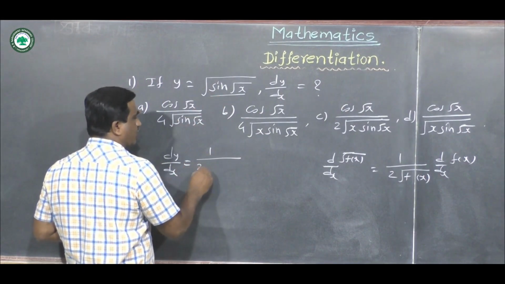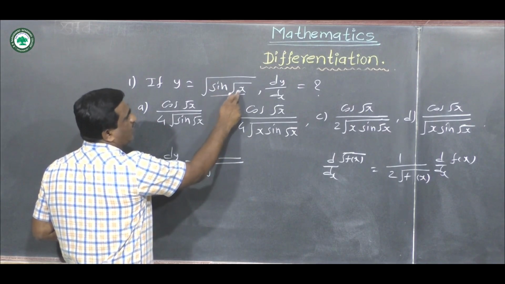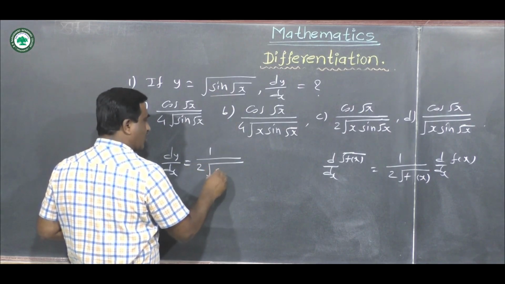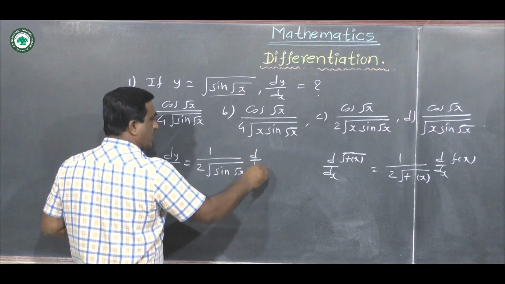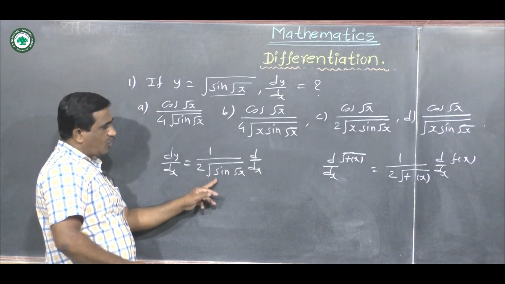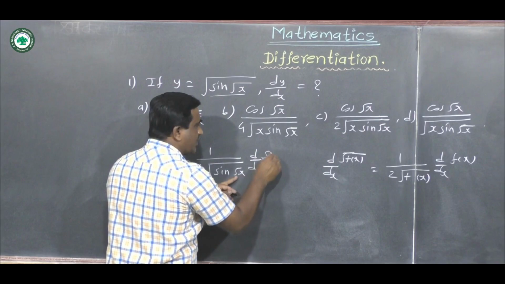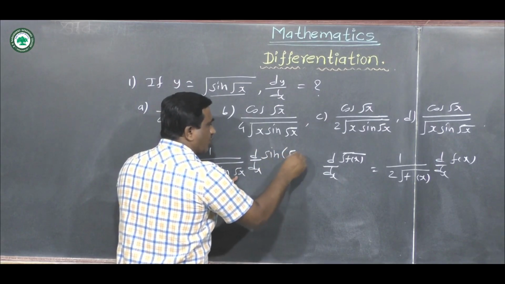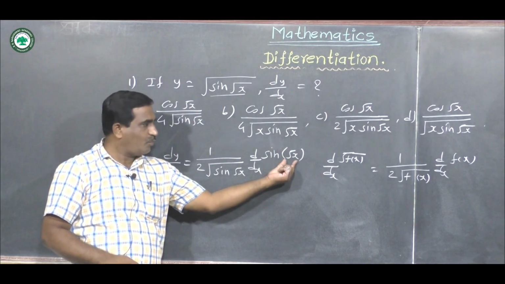1 upon 2 into under root sine of under root x, that is 1 upon 2 into under root sine of root x, into derivative of sine of root x. Now again, this is a composite function.